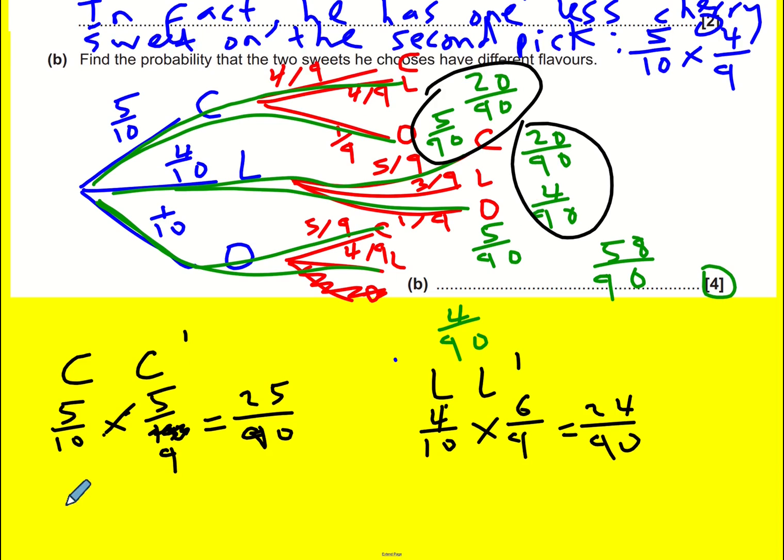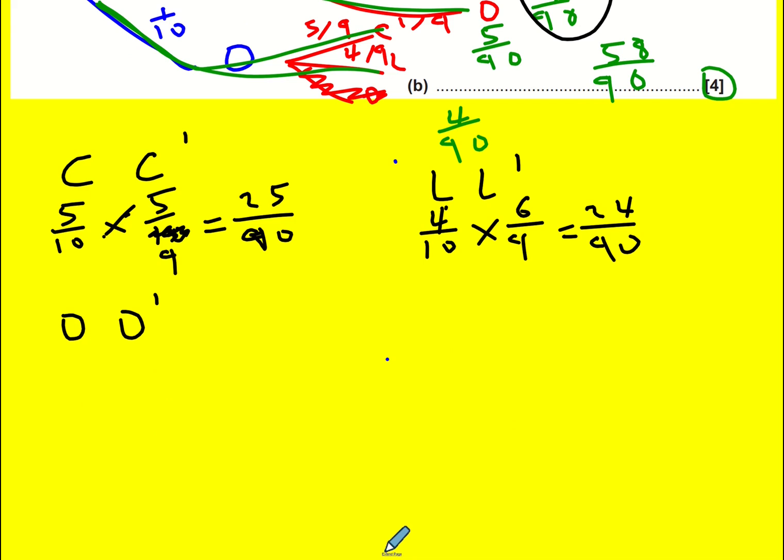And then lastly, we've got orange and not orange. So the probability of picking an orange is 1/10. And then actually that's the only orange and it's gone. So there'll be 5 cherries left and 4 lemons, and it'll be 9/9, which is just 1. So I'll get 1/10. I think I'll leave the denominator the same though, so I'll write it as 9/90.